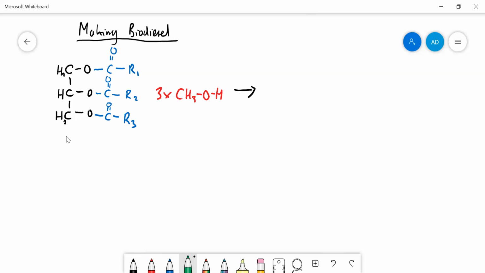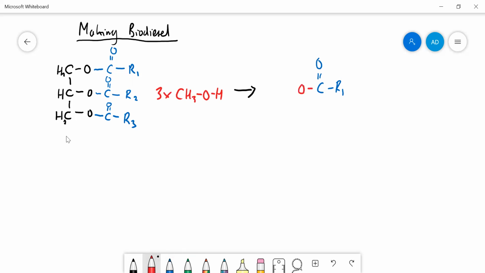So we're going to get, let's draw this first one, R1 carboxylic acid. I'm drawing it backwards there, which is illogical, so I won't do that. I'll draw it so you're going to have R1, and this is the carboxylic acid bit here, and that is forming an ester now.